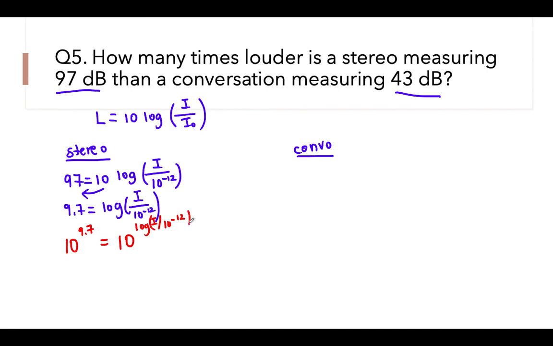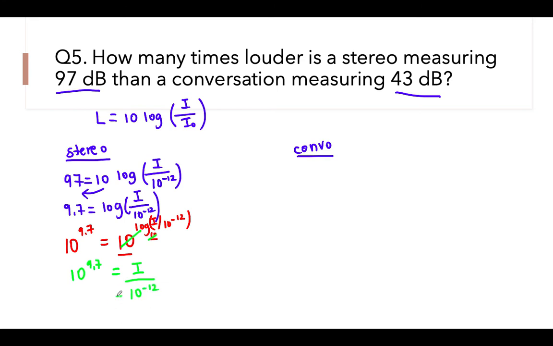Now that we've taken 10 to both sides, what do you notice? We're given the same base, 10 and 10. So you can simplify by getting rid of the log. It cancels out, right, because it's the same base. So 10 to the 9.7 equals I over 10 to the negative 12.